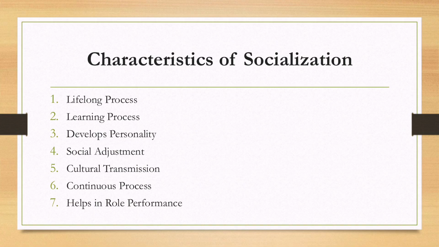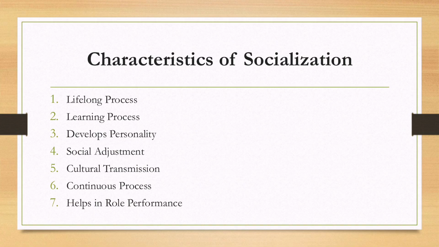The fourth one is social adjustment. It helps the individual to adjust to the society and to maintain good relationships with others. The next one is cultural transmission. Cultures, traditions, languages and customs are passed from one generation to the next through socialization. The next characteristic is that it is a continuous process.